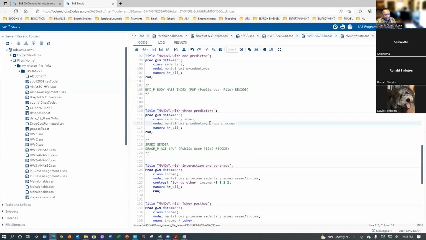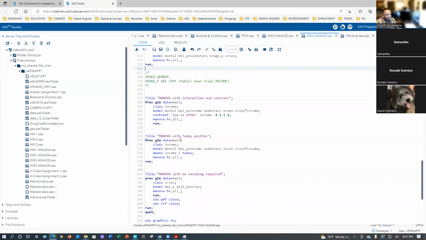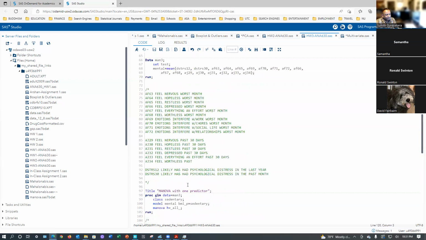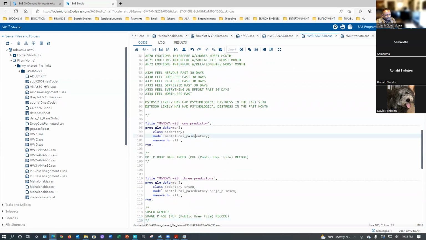So you can tackle three predictors at the same time, not just one predictor. These are two classes; classes mean group. Let's say sedentary is the class.